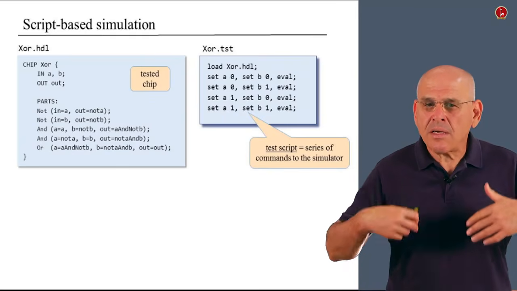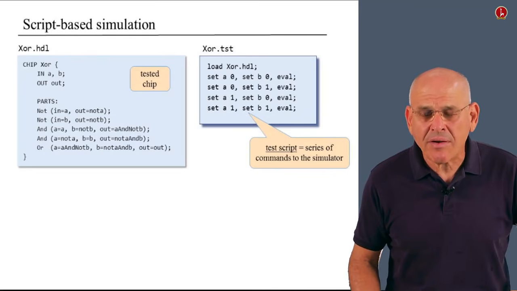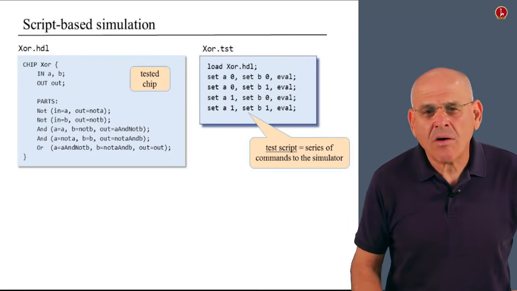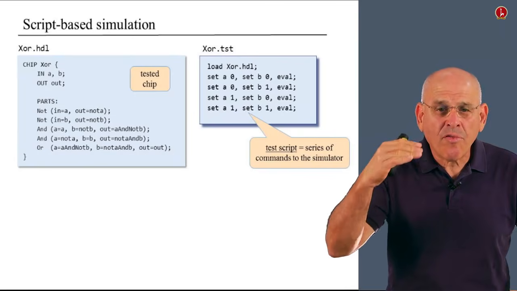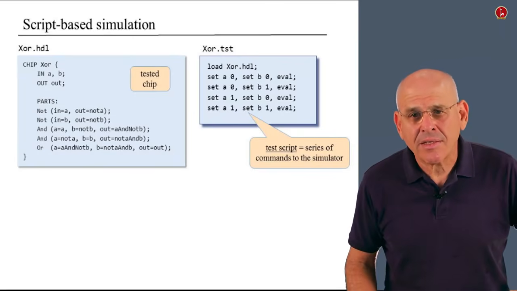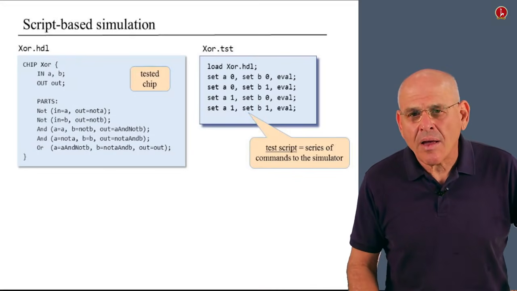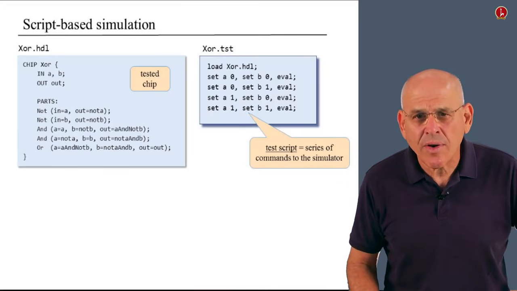Now, once the HDL is loaded into the simulator, the test script begins a process of subjecting the chip to 4 different tests. The semicolon represents the ending of one particular test, if you will.